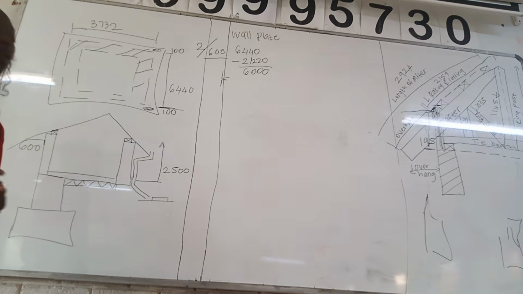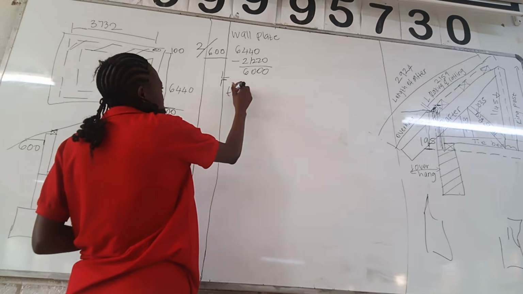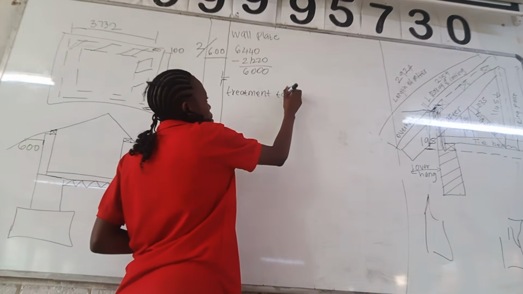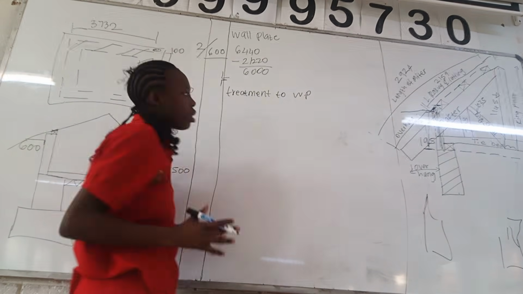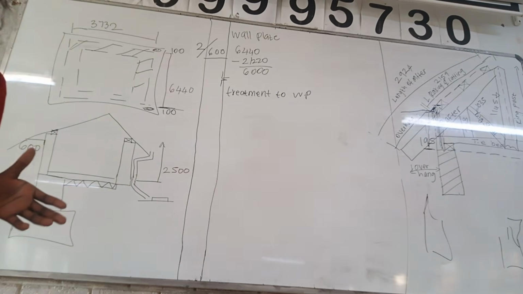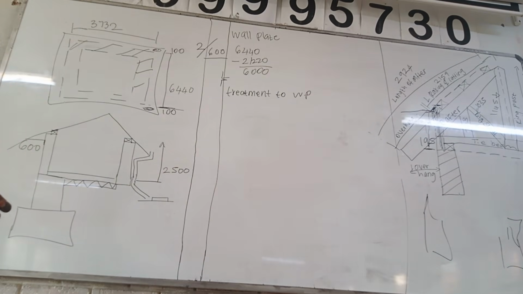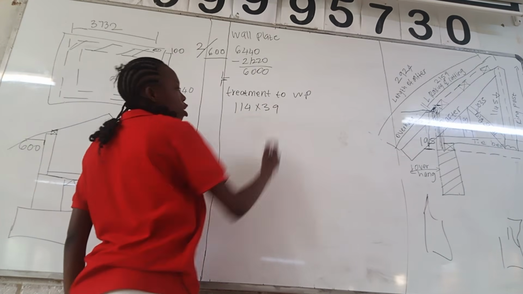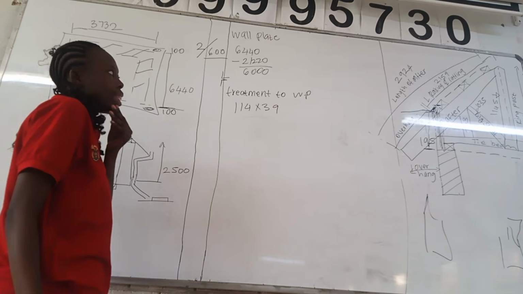They told us that our wall plate is pre-treated. So the treatment to the wall plate, let us go to the specifications. In the specifications, they told us that the wall plate is 114 by 39. So we need to calculate the girth.